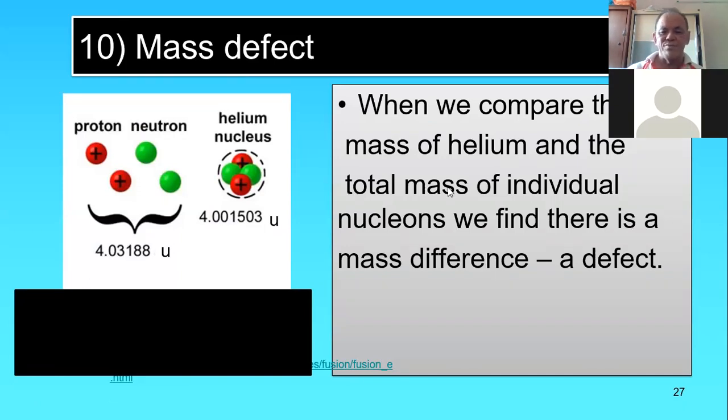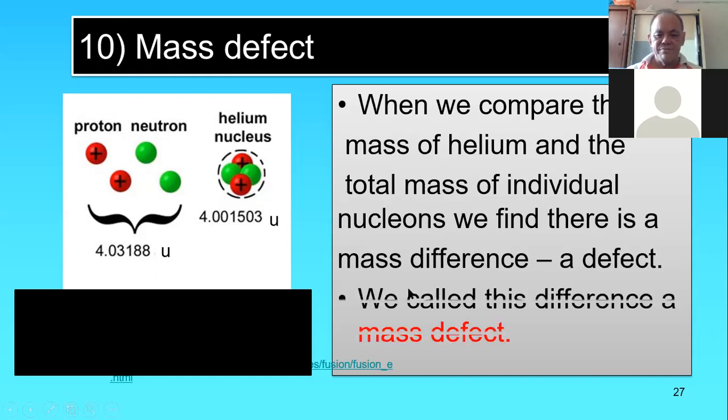Why is there a defect? We will be answering that in a while. There's a mass difference, a defect, so we call it a mass defect, a difference between the two masses.